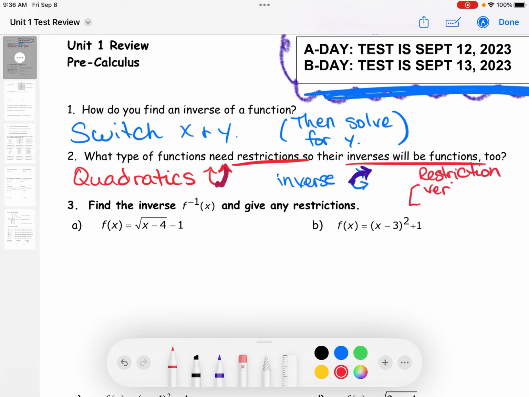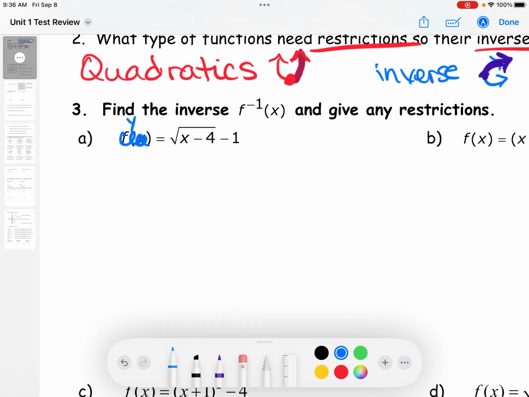Let's look at number 3a. We're given f of x equals, remember f of x is just another way of saying y. So to find the inverse, we switch x and y. So y becomes x equal to the square root of, now that's a y, minus 4, and then a minus 1. We want to solve for y.